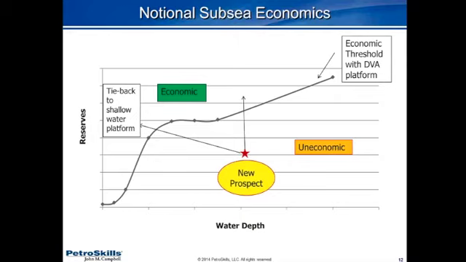We could also have a host potentially in the similar water depth as our target prospect, and yet by tying back multiple prospects to the host, create a collection of developments which together are economic, no one of which could have supported a direct vertical access platform or a host platform.